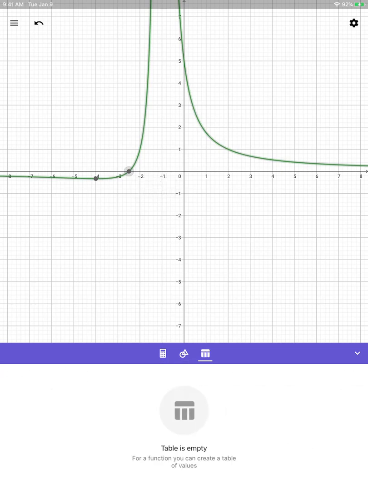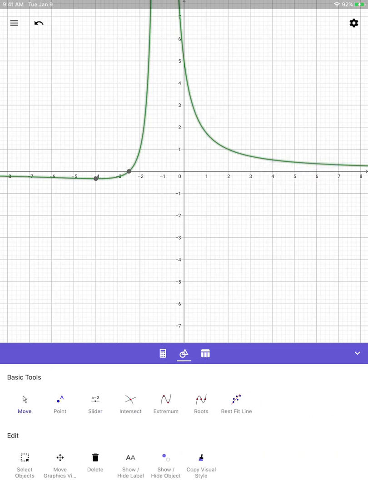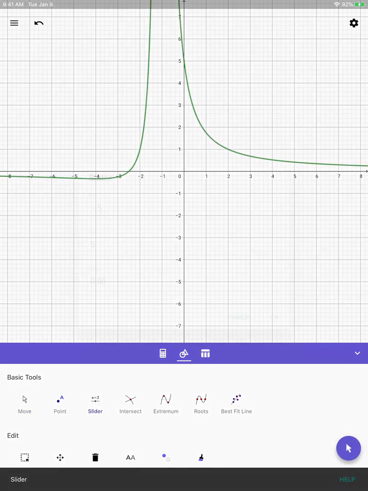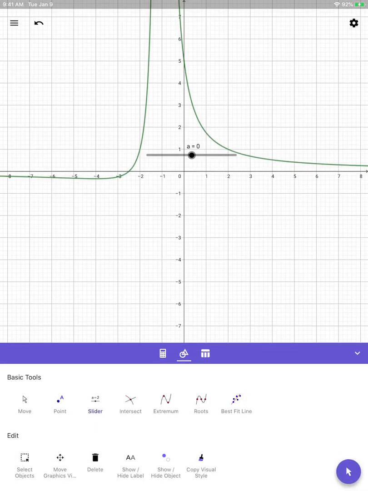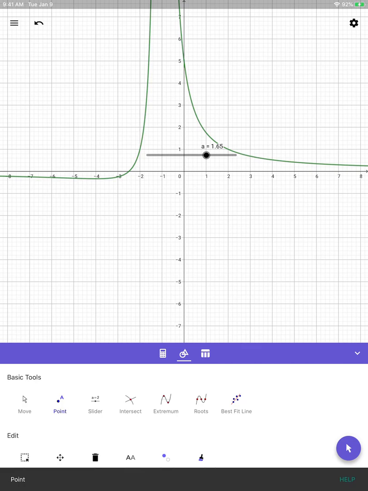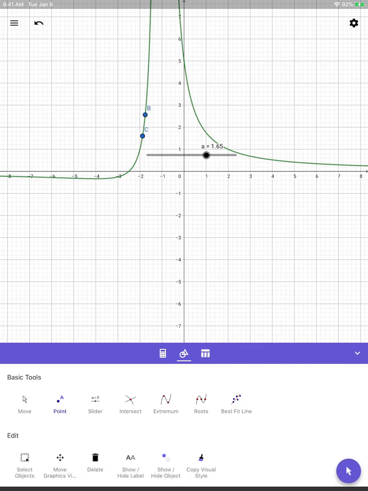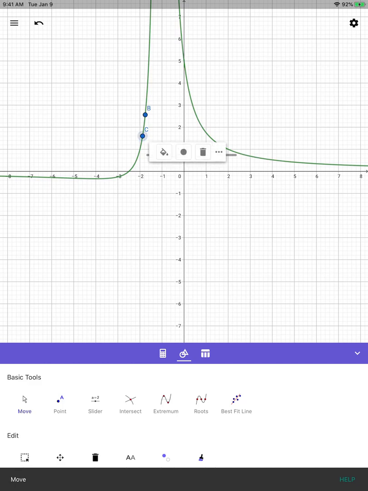Isn't working the way I want. Oh wait, here we go. Okay, so if I choose slider, hopefully, and let's see. Oh, that's not what I want to do. Nope, none of that's working the way I want it to.